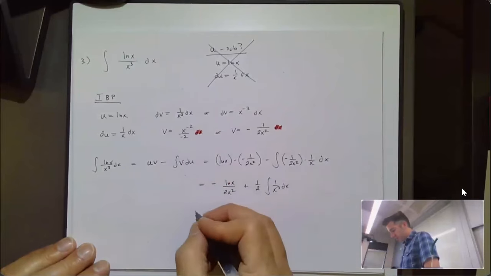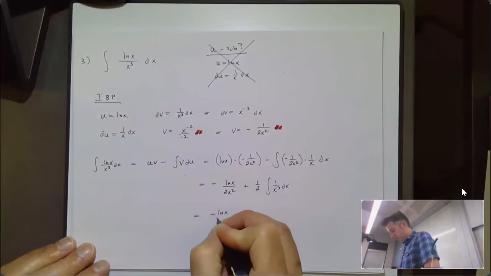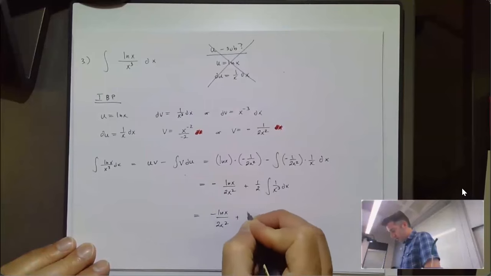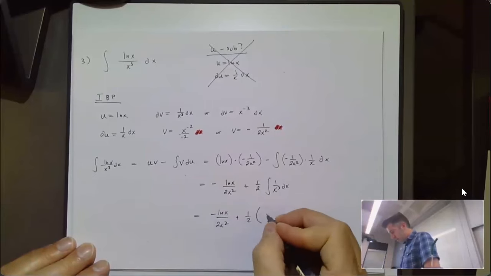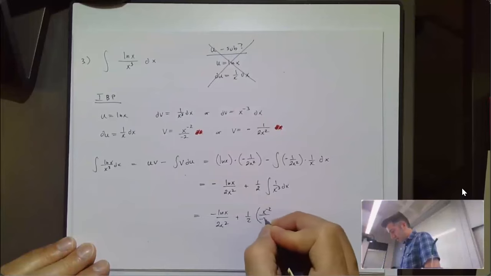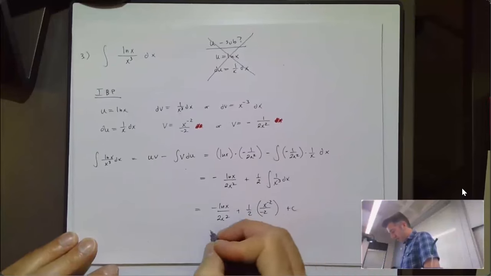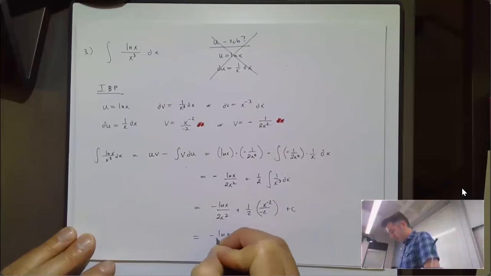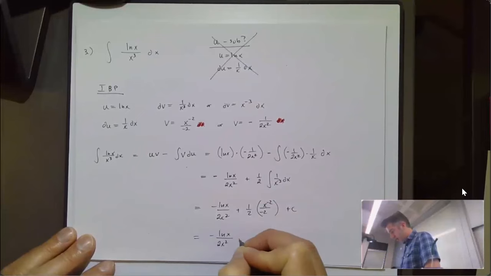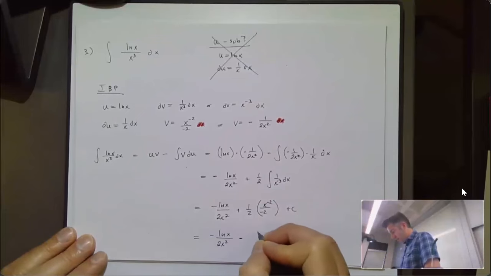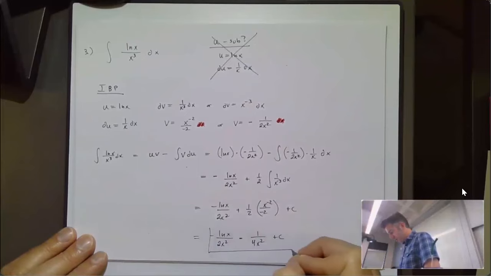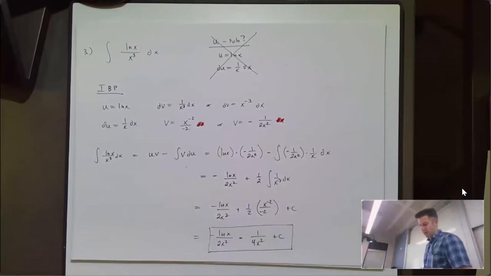So this is going to equal negative natural log of x over 2x squared plus 1/2 times x to the negative second over negative 2. Or simplifying it in a more normal way, negative natural log of x over 2x squared minus 1 over 4x squared. Some people like getting a common denominator here. I definitely do not. I do not think that's necessary.